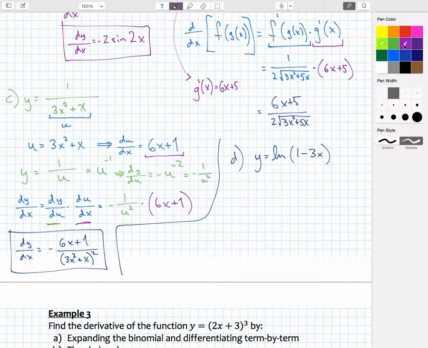Well, first, again, let's use the function notation this time. Let's rewrite this as a composite function, f of g of x, and think about inside and outside functions. So it's fairly obvious that the inside function is going to be this right here, 1 minus 3x. So let's let our u, which is also g of x, our inside function, be 1 minus 3x.